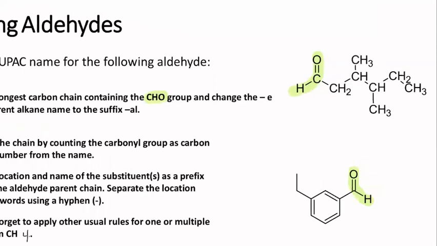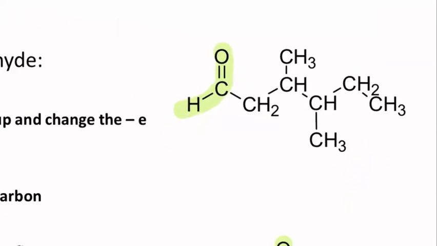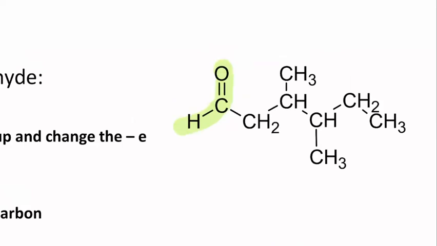So taking that into consideration, here I have the following aldehyde in condensed form. Take a moment, count the number of carbons in the longest carbon chain for this aldehyde. And let's put it in the chat. What is the number of carbons in the longest carbon chain in this aldehyde?